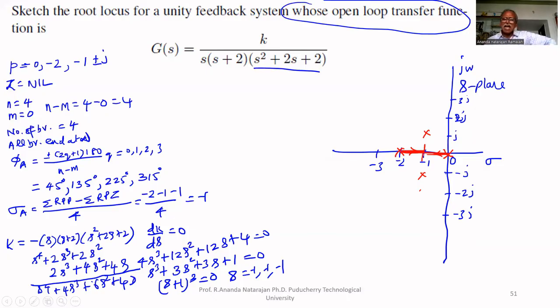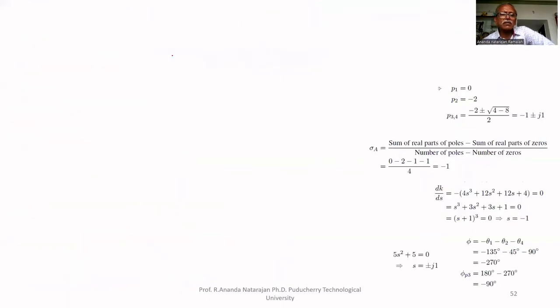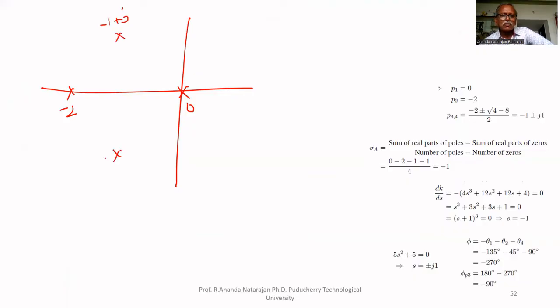We have to find the angle of departure. Here we take 0, −2, −1+j and −1−j as the poles P1, P2, P4, P3.